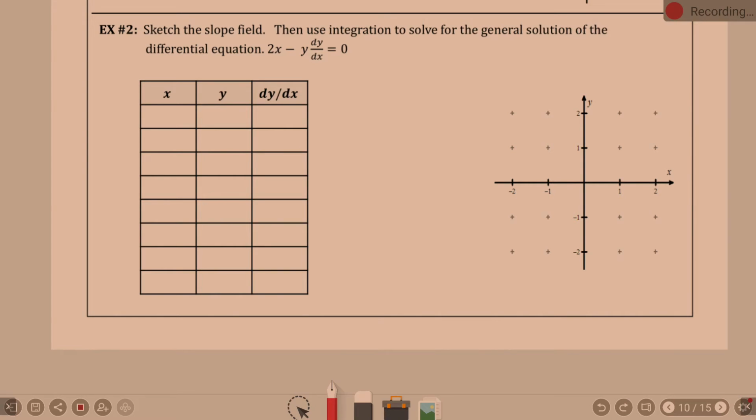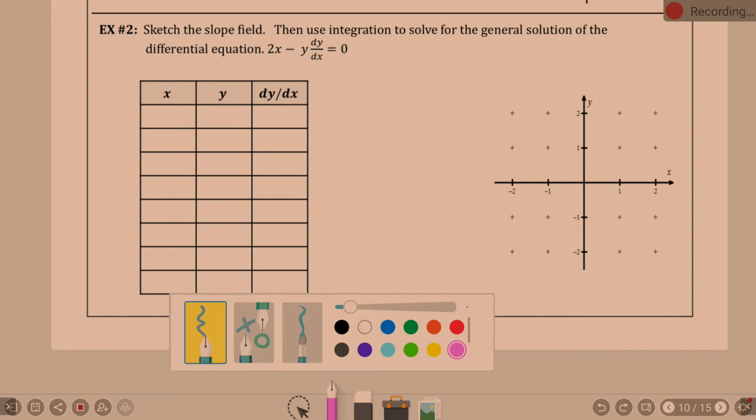Now, first thing I'm going to suggest is that we get this in a more workable format. Solve for dy/dx. Because I need to plug in values and see what the slope looks like at different points, and I don't want to do that here.